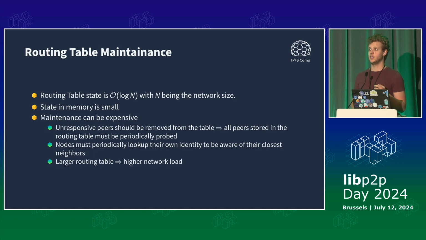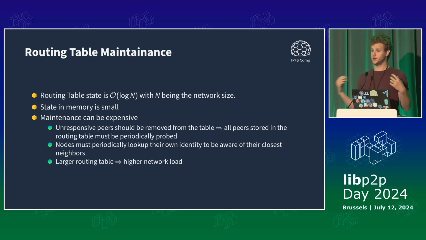And so to keep only live peers in the routing table, we must probe the peers every so often. And we must also make sure that we know all of the peers that are close to the reference node, because that's just how you find content. So I know my closest neighbors, and they know me.